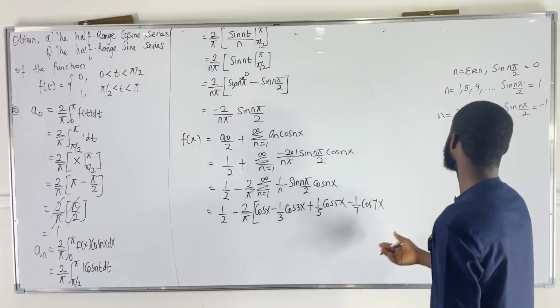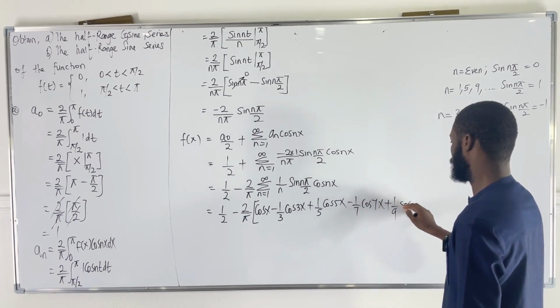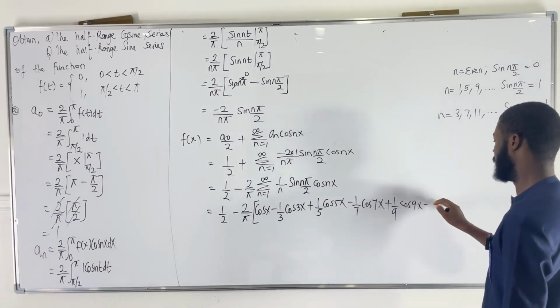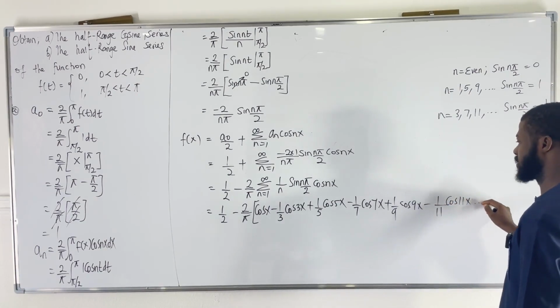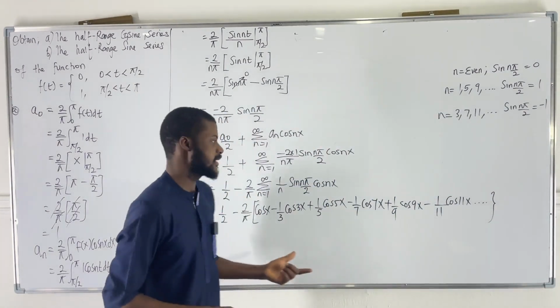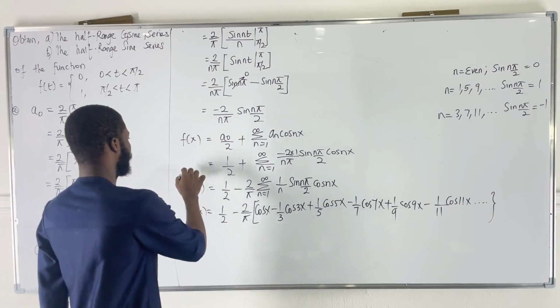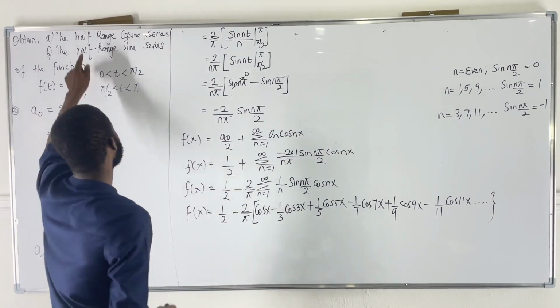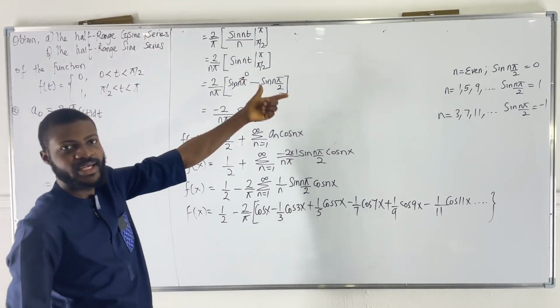So you can say plus 1 over 9 cos 9x minus 1 over 11 cos 11x, just like that. But you can't really get on to infinity. So this will be the answer to the problem. And with this, we've gotten the Fourier cosine series, or what we call the even extension.